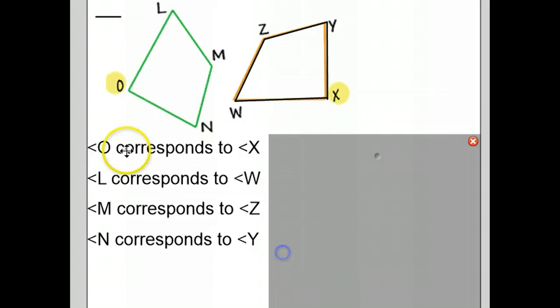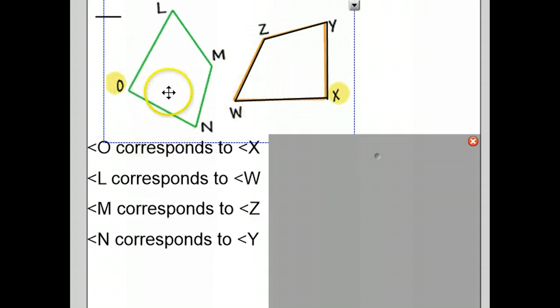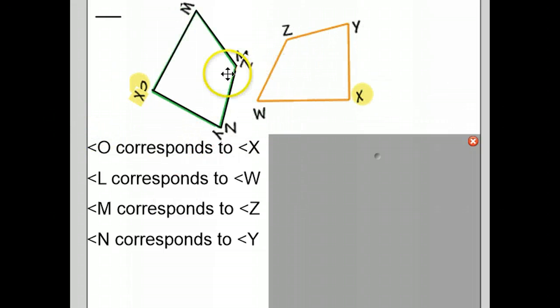If I start over here with angle O, and I were to move this figure so that it matches up the orientation with the green figure, I can see that angle O corresponds to angle X. Angle L will correspond with angle W. Angle M will correspond with angle Z, and angle N corresponds with angle Y. And as you can see, as I change the orientation of it, they do match up.